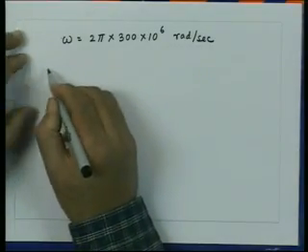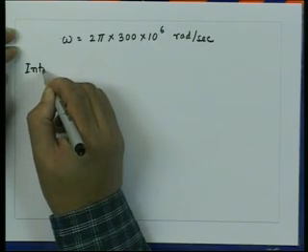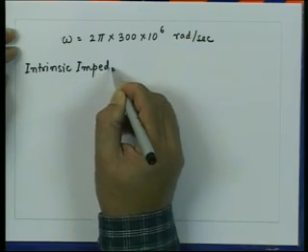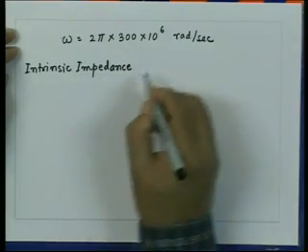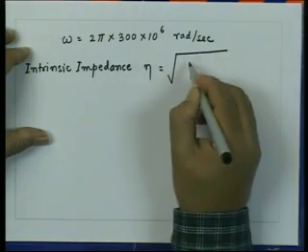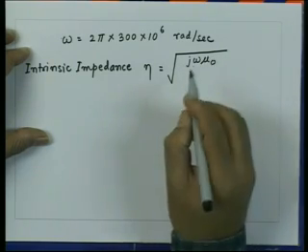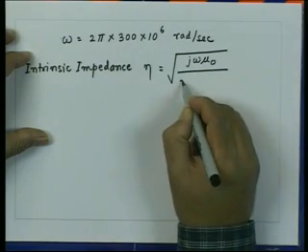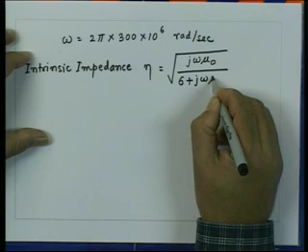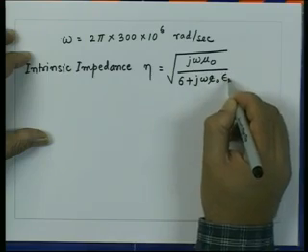and the intrinsic impedance of the medium, eta, is equal to square root of j omega mu 0 divided by sigma plus j omega epsilon 0 epsilon r.